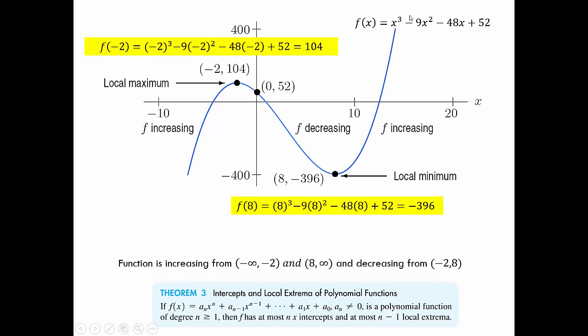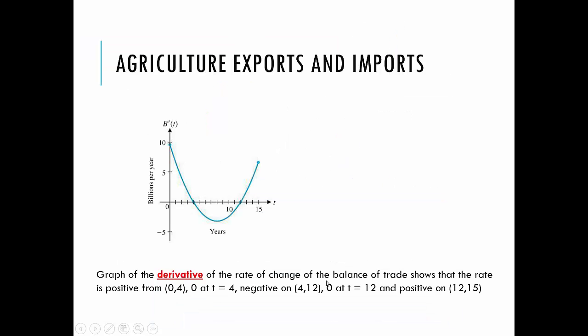So at most, this is going to have 3 x-intercepts, 1, 2, 3, and at most 3 minus 1, 2 local extrema. 1, 2. That's my max and min. Again, it's not a huge deal if you don't remember this, but it's kind of nice because it helps you say, oh, well, that would make sense based off of this degree.